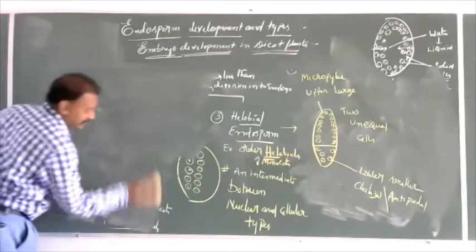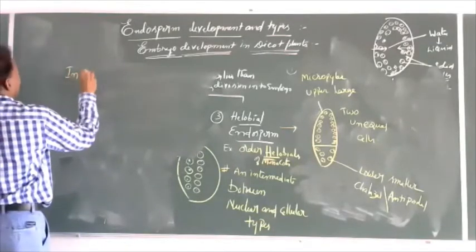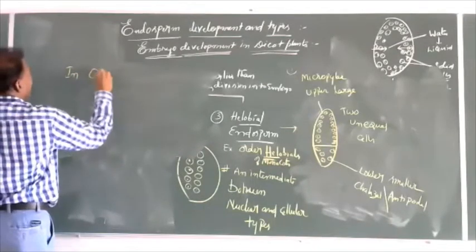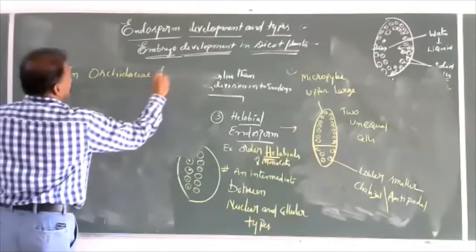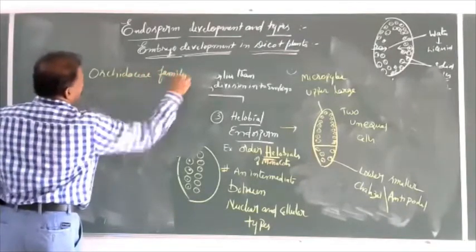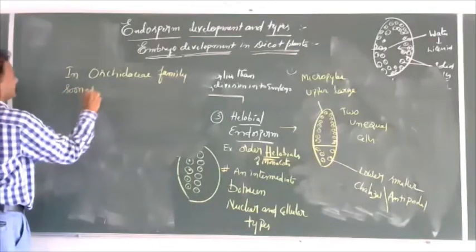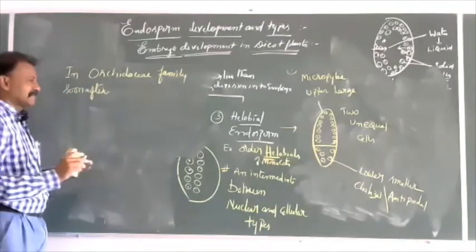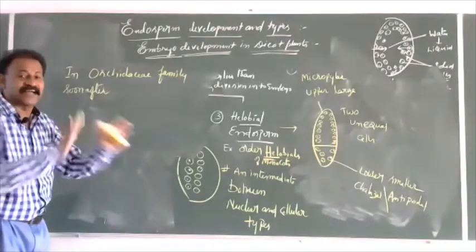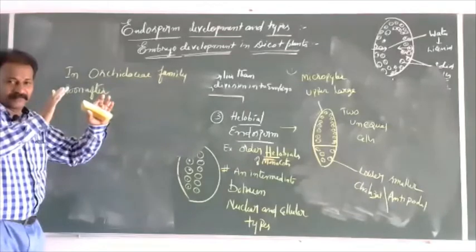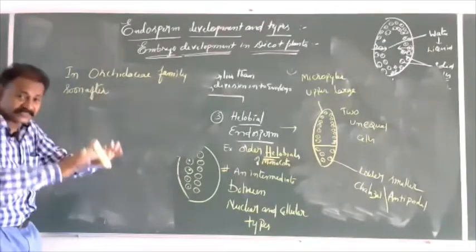In some families, like Orchidaceae, in Orchidaceae family members, soon after endosperm is formed, it means when endosperm is formed, immediately it degenerates. Its growth is not promoted. Its growth is suppressed.